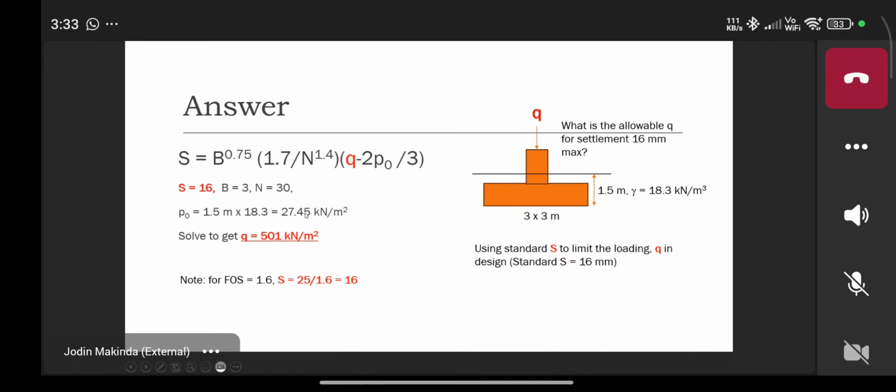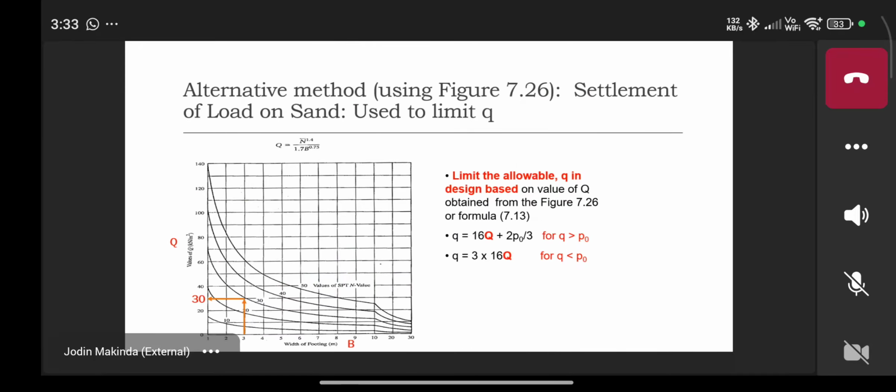Then, using P naught 27.5, insert into the equation, we find the allowable 501. So in this case, we use the settlement to define the range of allowable loading.